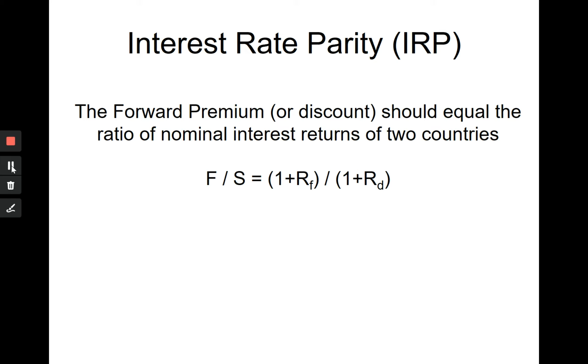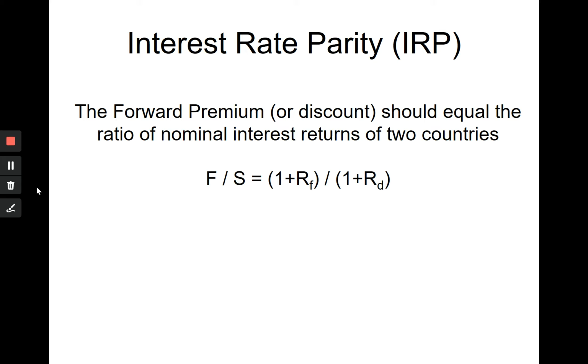That is, we can use it to judge if a foreign currency would get cheaper or more expensive against our currency. Interest rate parity, which we also call IRP for abbreviation.